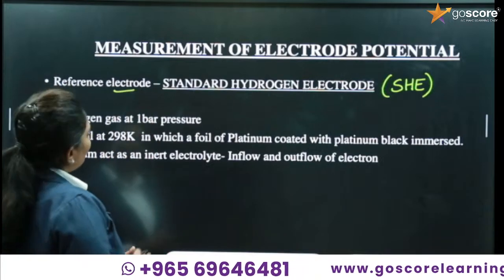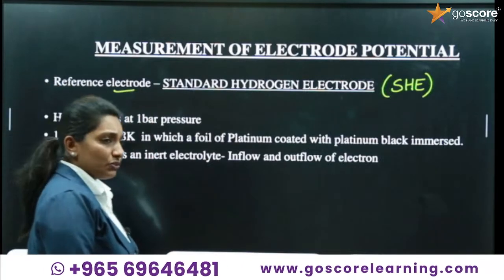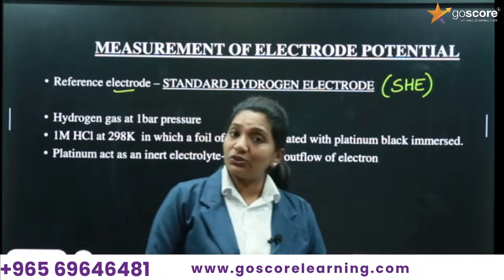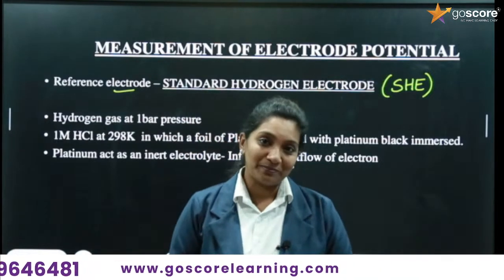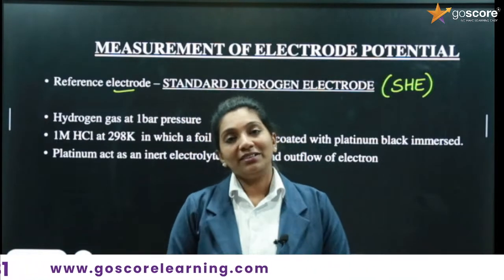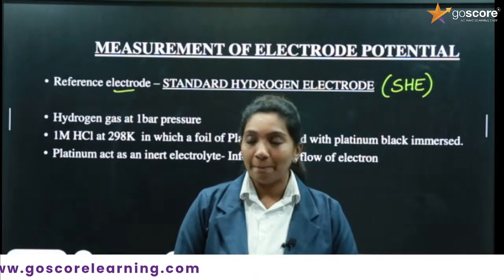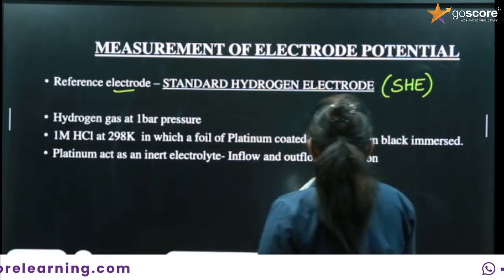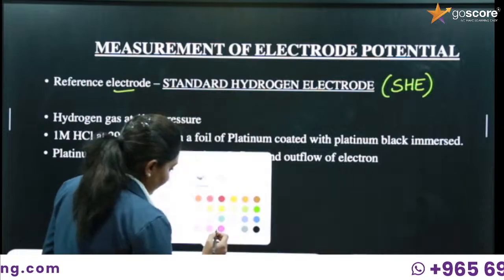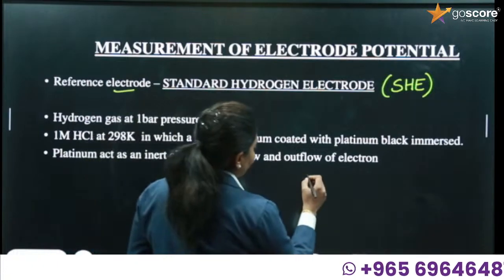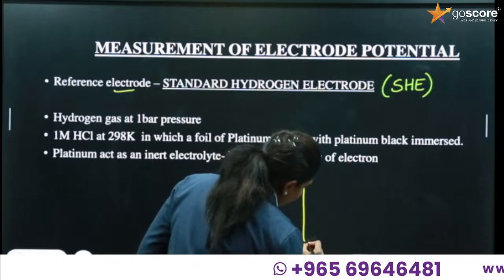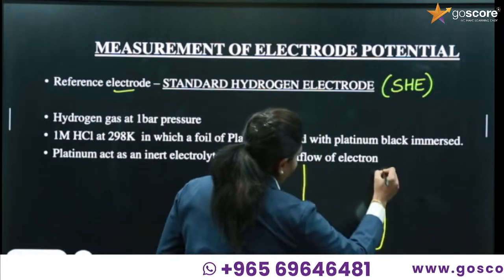Now see what the standard hydrogen electrode is and how we can find the electrode potential using this SHE. I will draw the picture and explain it. This is the standard hydrogen electrode.